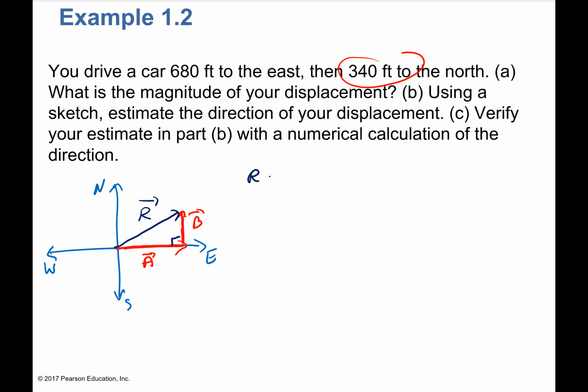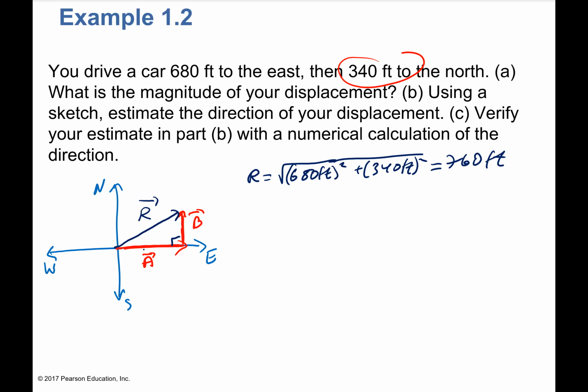That means R is nothing but the square root of 680 feet squared plus 340 feet squared, and you get 760 feet.